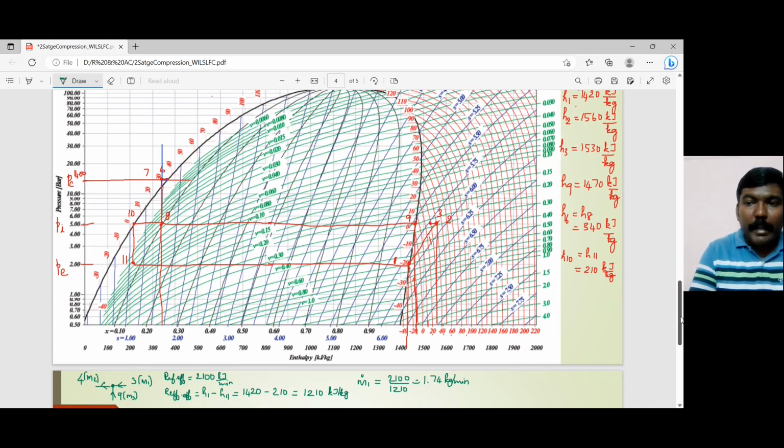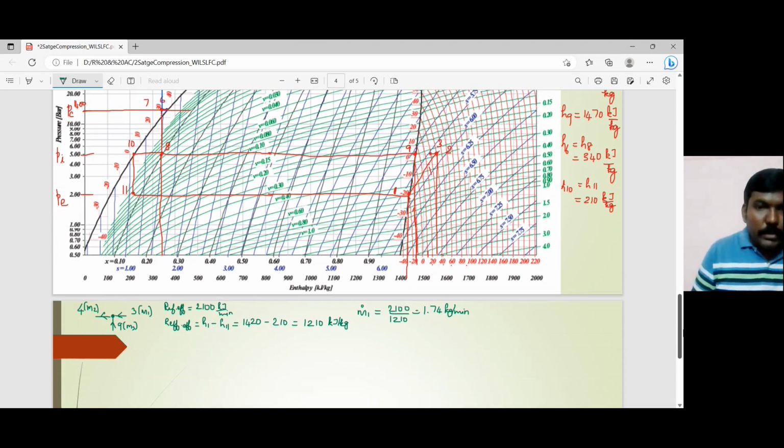To find out M2, I have to look at the flash chamber. For the flash chamber, the entry is at 8. One exit is at 9. The other exit is at 10, isn't it? So this is M2, this is M1, and this is M3. What we have is M2H8 equals M1H9 plus M3H10.